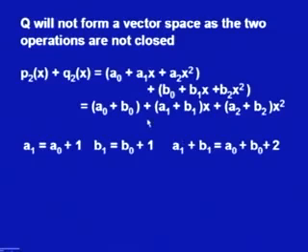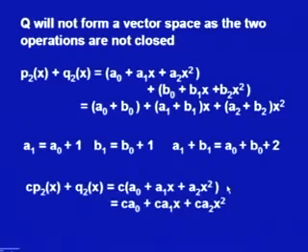But the closure property requires this sum to be in the set Q, which requires that a1 plus b1 is equal to a0 plus b0 plus 1 instead of 2. So, this polynomial will not belong to the set Q, or we say this operation is not closed in Q. Similarly, C P2(x) is equal to C a0 plus C a1 x plus C a2 x square.